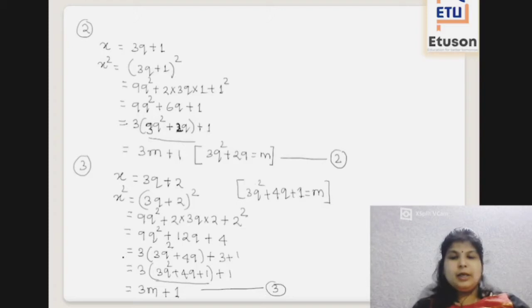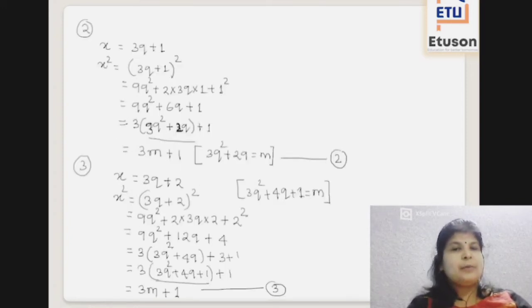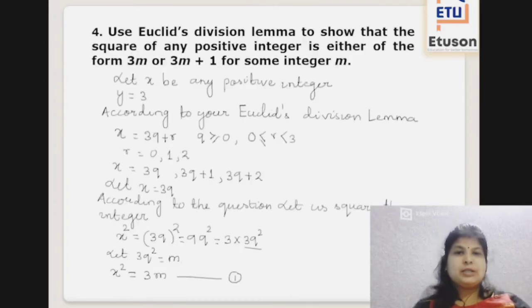So can we compare the previous one? In the first case you have got x square is equal to 3m, and in the next two cases you have expressed x square in the form of 3m plus 1. Correct or not? So what was your question? Your question was to show that the square of any positive integer is either of the form 3m or 3m plus 1.